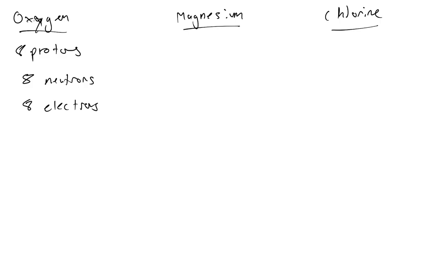Let's try magnesium. So magnesium has an atomic number of 12. So it has 12 protons. It has an atomic mass of 24, so it has 12 neutrons. And then, since it's a neutral atom, it also has 12 electrons. And then let's do chlorine.